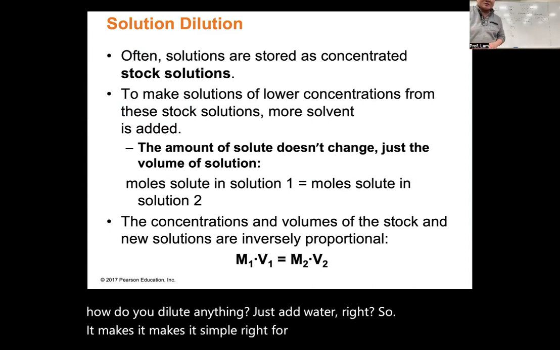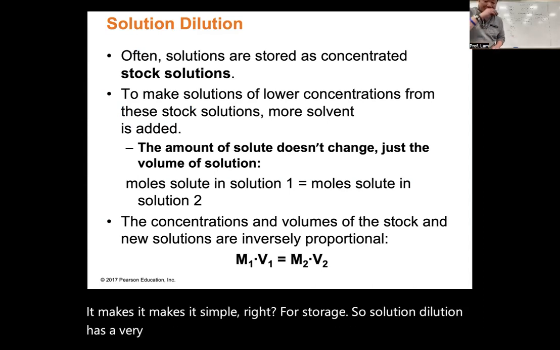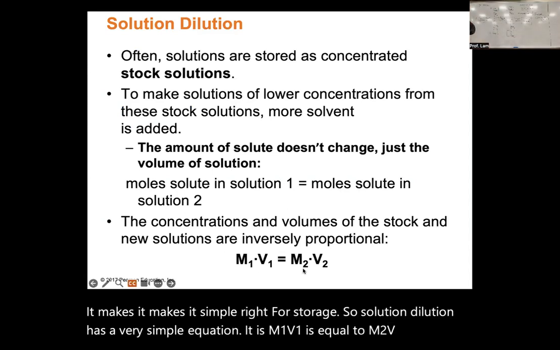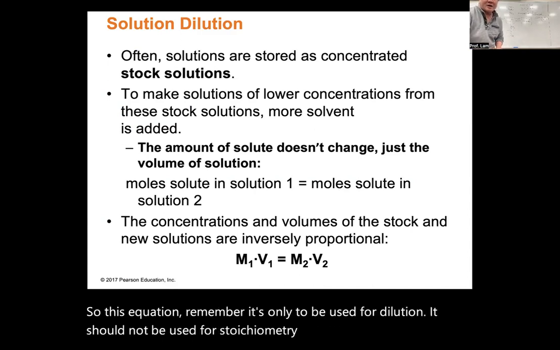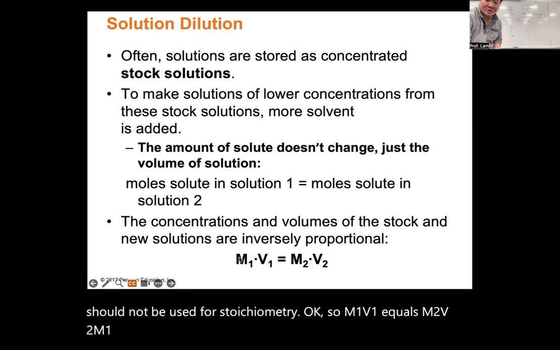So solution dilution has a very simple equation. It is M1V1 is equal to M2V2. So this equation, remember, it's only to be used for dilution. It should not be used for stoichiometry, okay? So M1V1 equals M2V2. M1 is the original molarity of the stock solution.